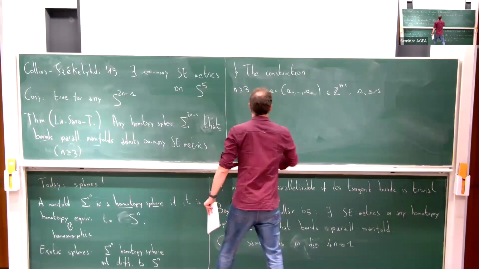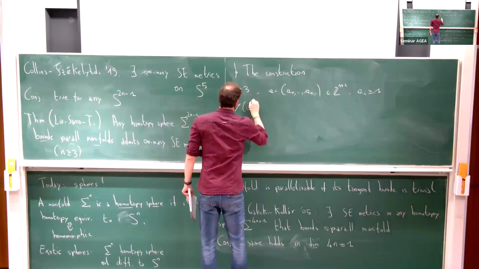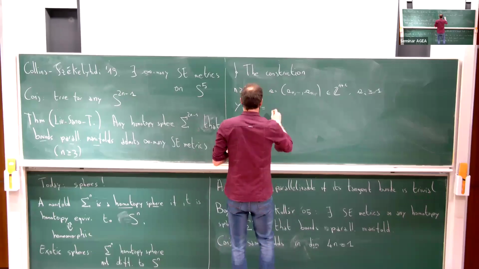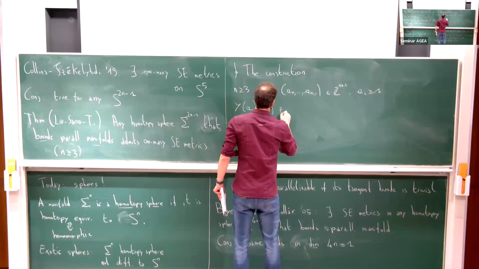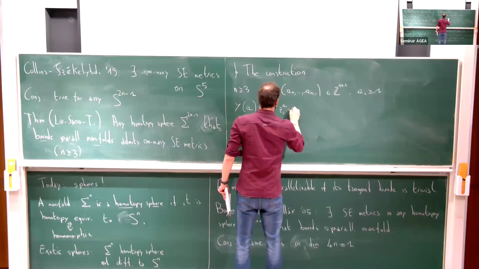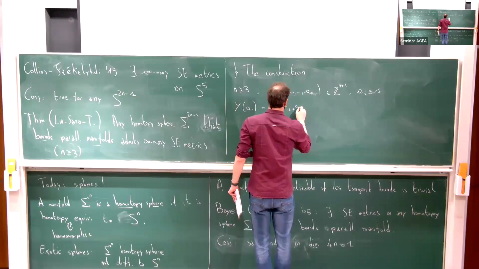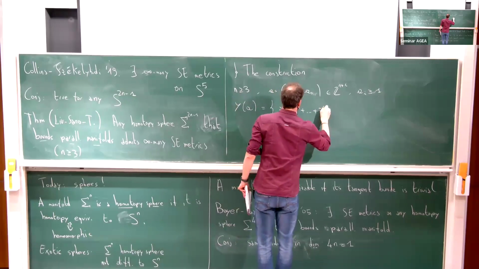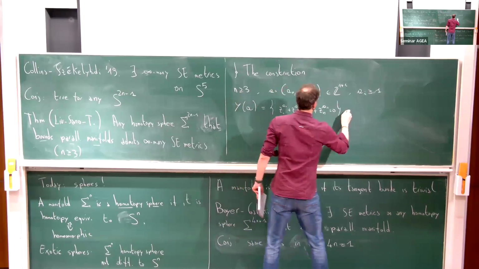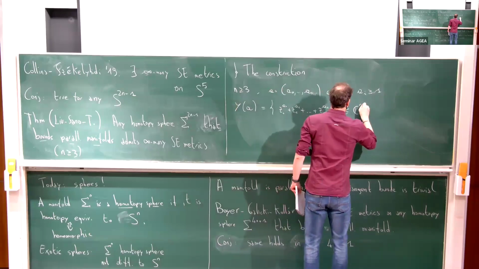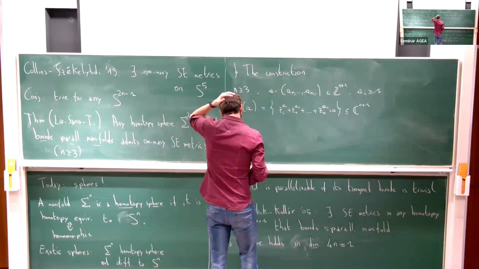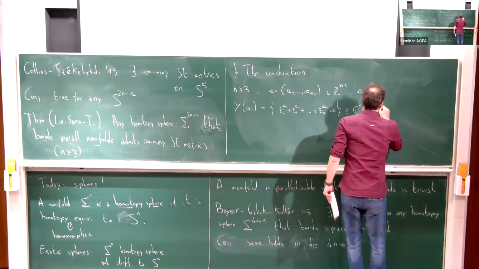And then you take Y_a, this is the Brieskorn-Pham singularity. So this is just z_0 to the a_0 plus z_1 to the a_1 plus and so on, the Fermat-type equation in C^(n+1). This is called a Brieskorn-Pham singularity.